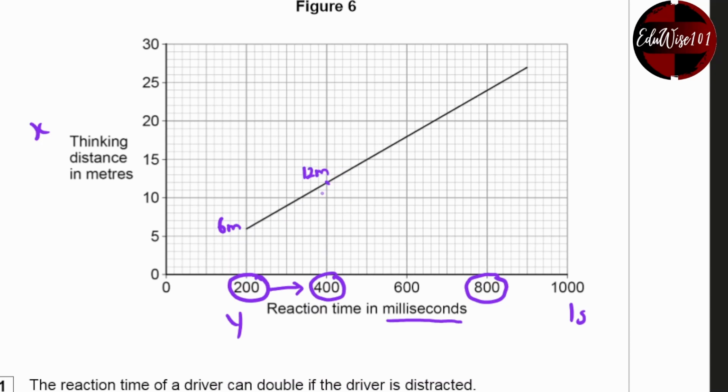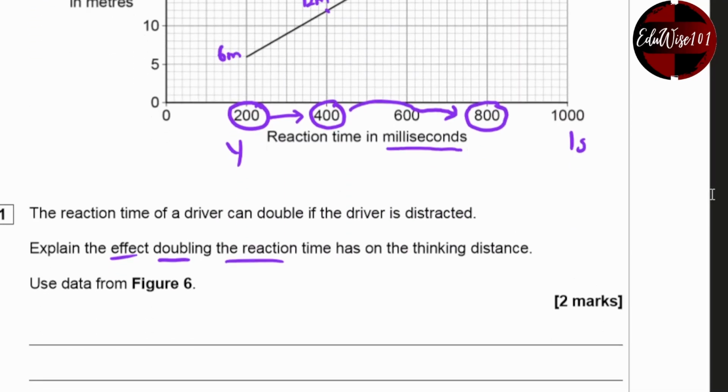So the thinking distance doubles. If you go from 400 to 800, what happens? Now that's 24 meters. So again, when you double the reaction time, the thinking distance also doubles.